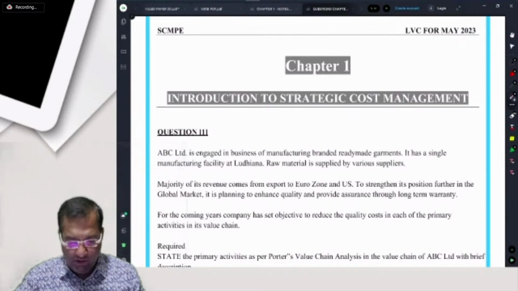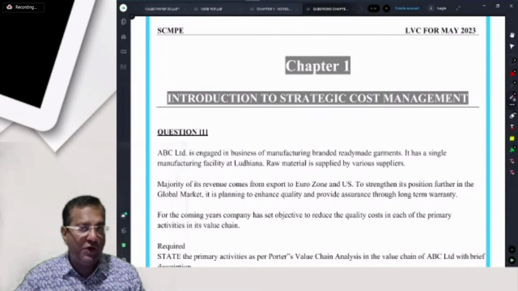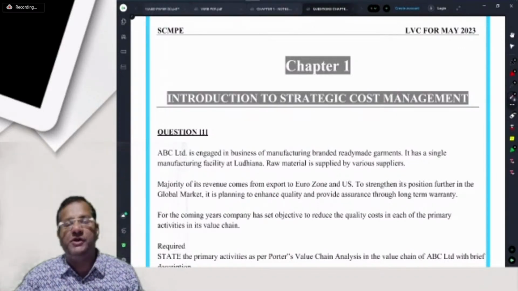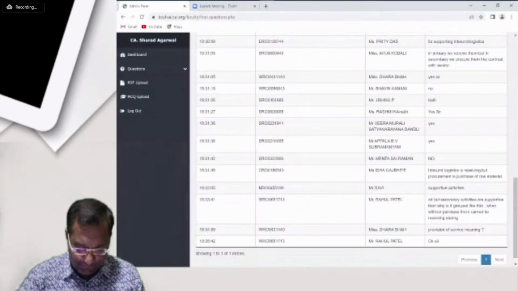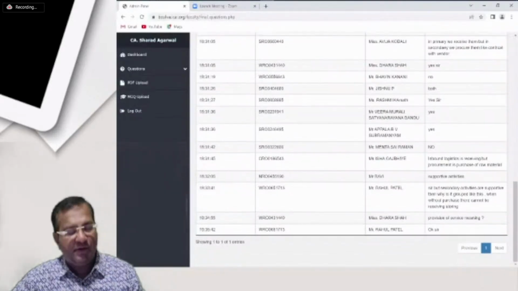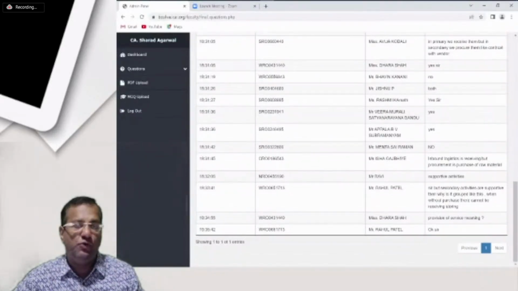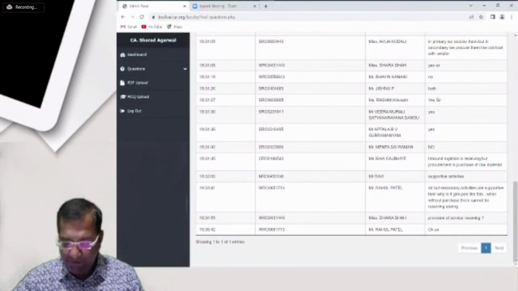I think it's the second PDF which I have uploaded in the portal. Please download from there, beta. Can I start? Question number 1 related to value chain analysis. I hope each and every student has downloaded that PDF from the portal.